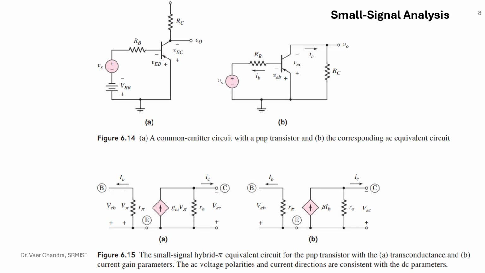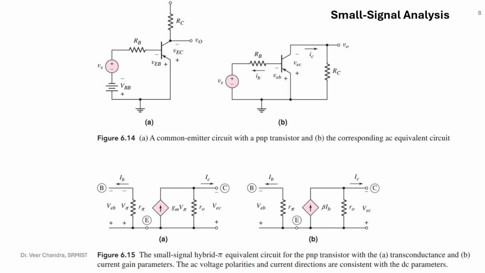Just check, we can replace this transistor by two different models, where R pi is your resistor and gm V pi is your current source. Also you can put R naught in parallel with the current source, which may be very high, so you may neglect it or use it in parallel.